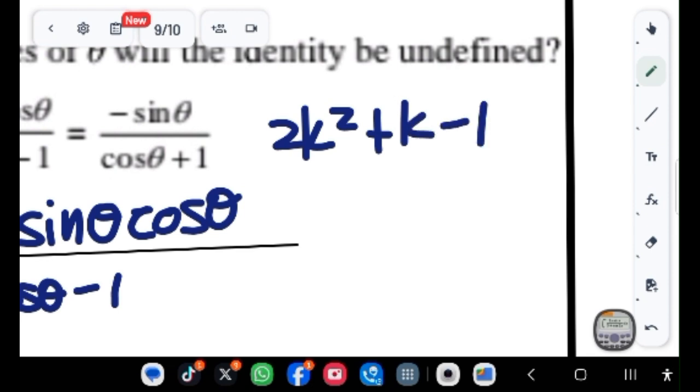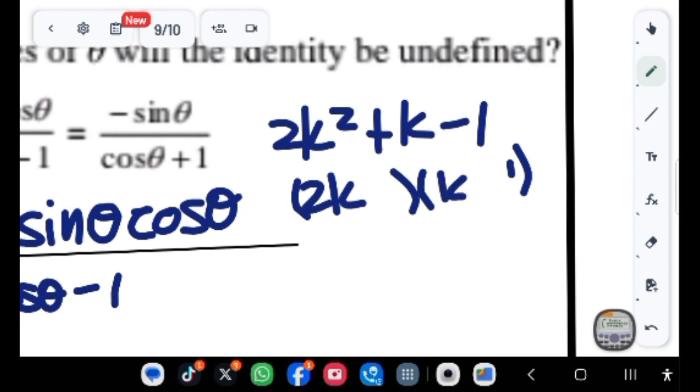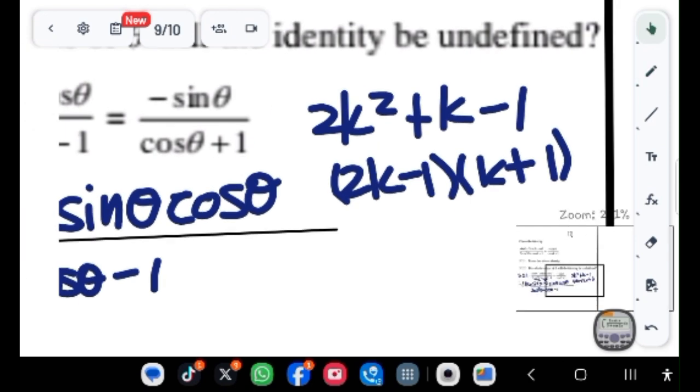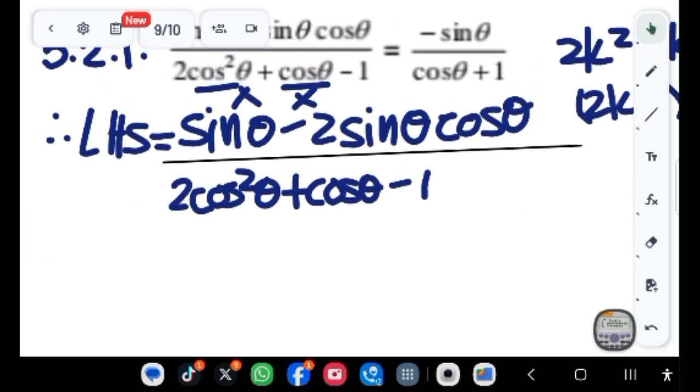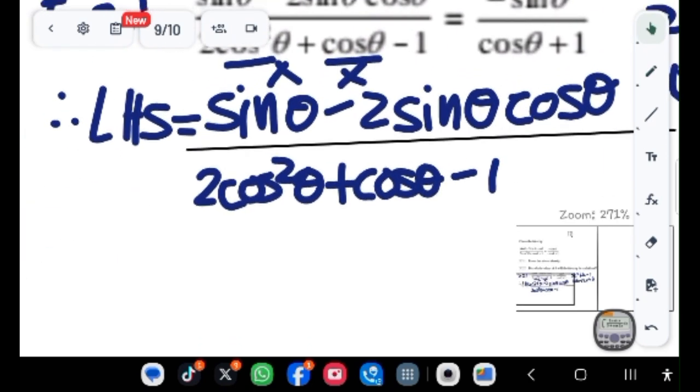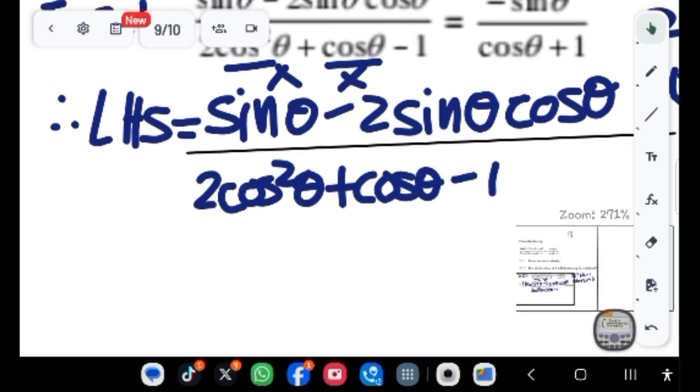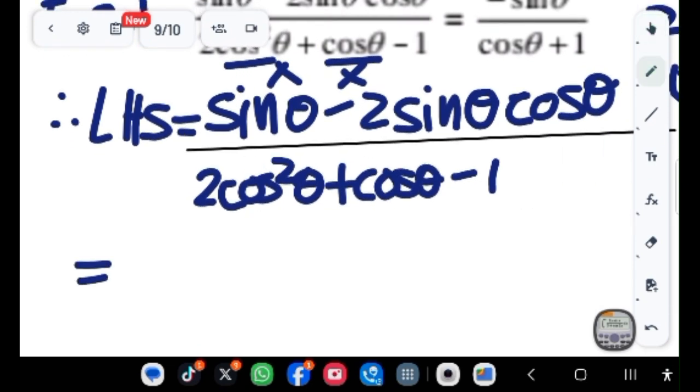Now this one becomes very easy to factorize: 2k and k, with 1 and 1, and then plus 2 minus 1. That's how we're going to factorize that. So this is a trigonometric quadratic situation there.